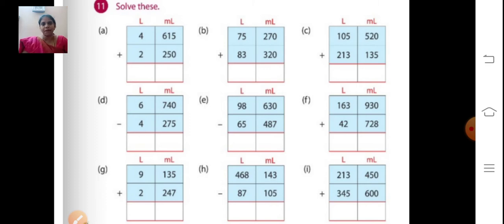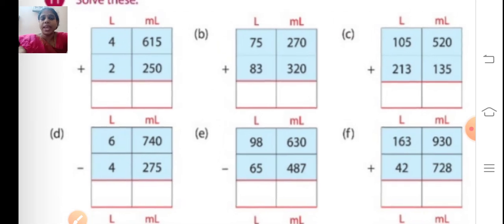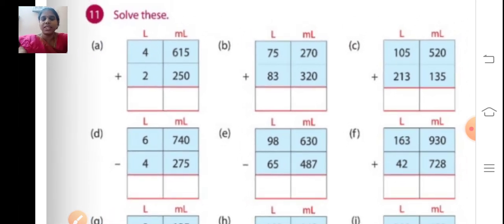Shall we do the sums now? So 1000 ml makes 1 liter, right? 1 liter is equal to 1000 milliliter, isn't it? First we are going to add 4 liter 650 milliliter and 2 liter 250 milliliter.